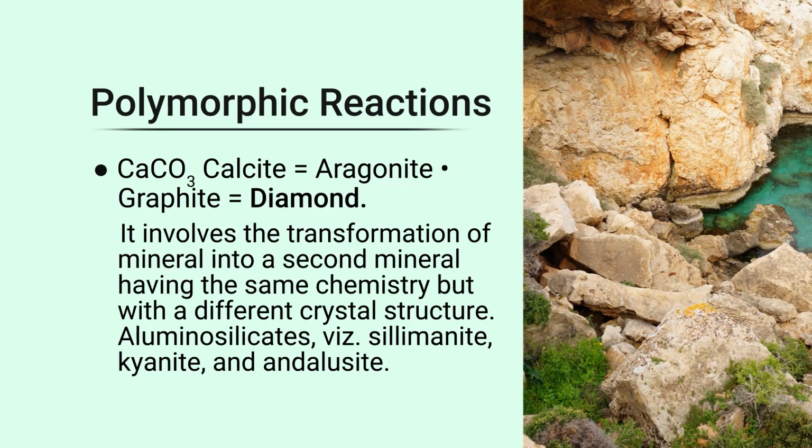For example, calcite to aragonite or graphite to diamond. It involves the transformation of a mineral into a second mineral having the same chemistry but with a different crystal structure. Calcite and aragonite have the same chemistry but different mineral structure. Graphite and diamond have the same mineral chemistry but different crystal structure.